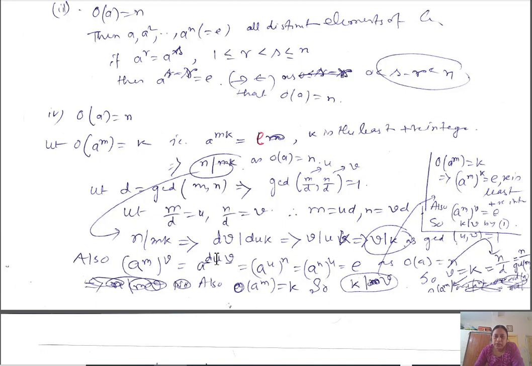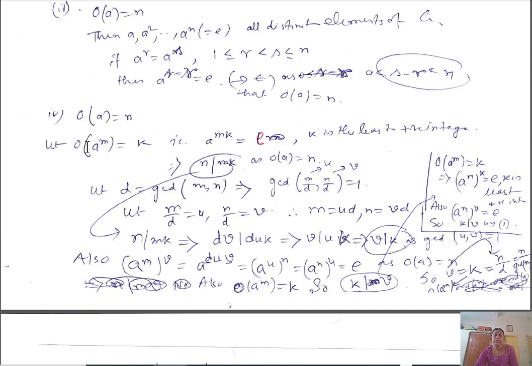So A to the power udv becomes A to the power n raised to the power u. A to the power n is e because order of A is n. So e to the power u is e. So A to the power m raised to the power v equal to e.